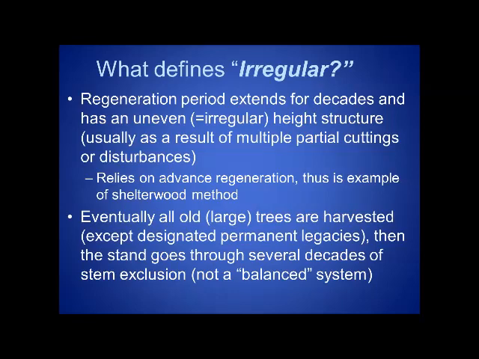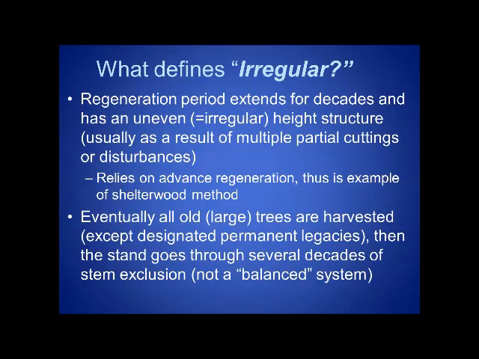I would have to say that the regeneration period extends for decades, so longer than the other variants, and ends up with an irregular, uneven height structure, usually because of multiple partial cuttings and removal cuttings or disturbances. It relies on advance regeneration, and thus it's a legitimate variant of the Shelterwood method.